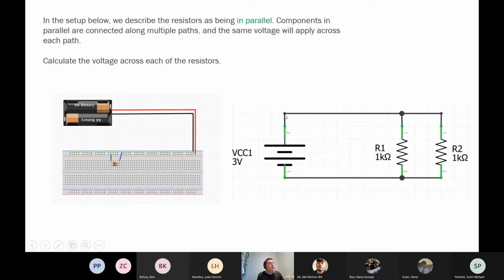So the voltage just above the battery, where I might mark on 3 volts, is the same as the voltage just above R1, and it's the same as the voltage just above R2. So let's take a look on the visualizer at what that means in practice. The circuit looked something like this.